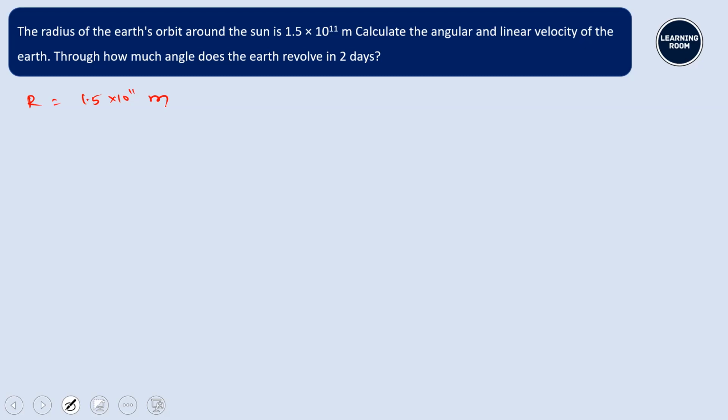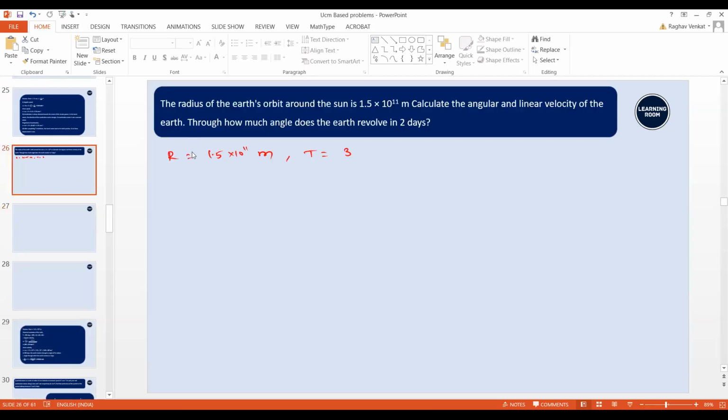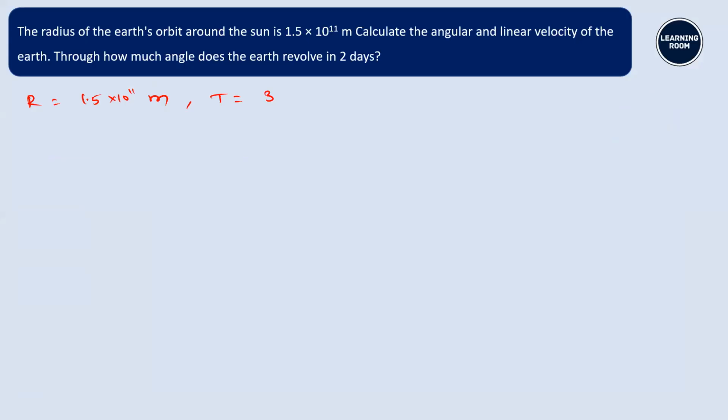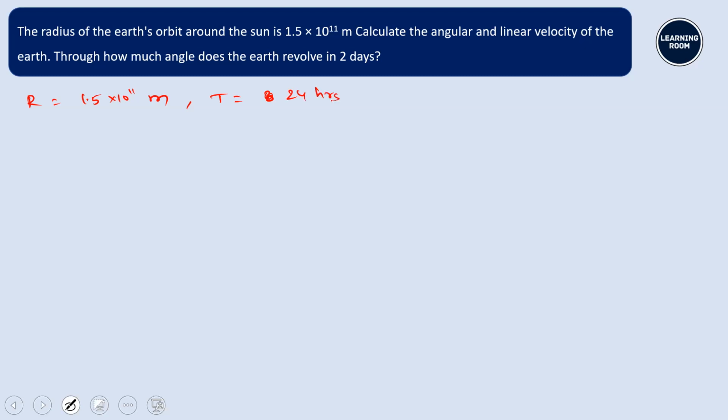We need the time period of Earth. What is the time period of Earth? It completes one revolution in 24 hours about its own axis.